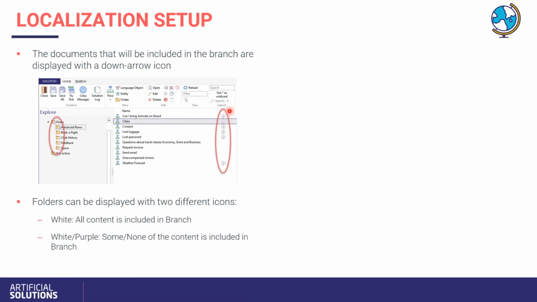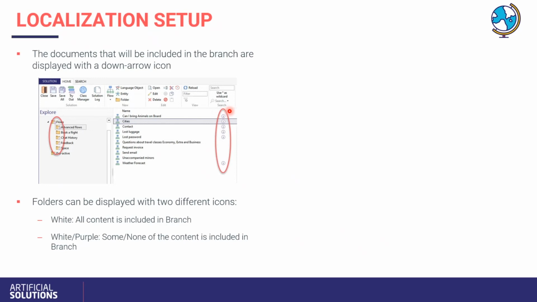They can have two different colors. If the background is white, that means that everything inside this folder, in particular that's on folders that you will see it, not on individual flows, but on a folder level. If you see on a folder level that the icon has a white background, that means that all the content inside that folder has been included in the branching.